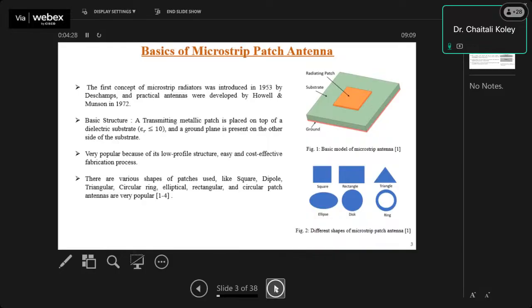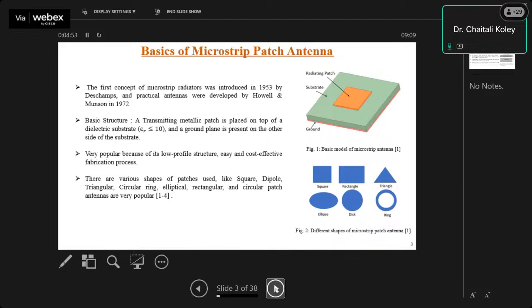Why is it known as planar? It means the circuit and antenna are all in the same plane. That's why it is known as a planar antenna. Examples of planar antennas are the printed monopole antenna, the Vivaldi antenna, and the microstrip antenna.